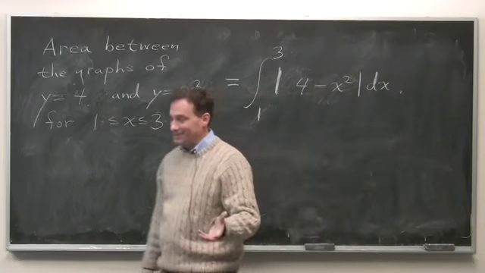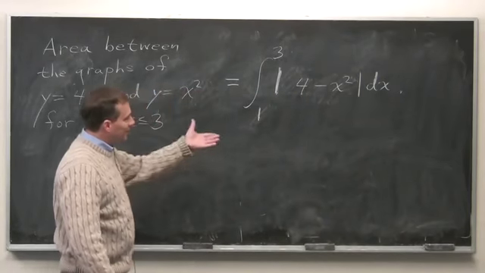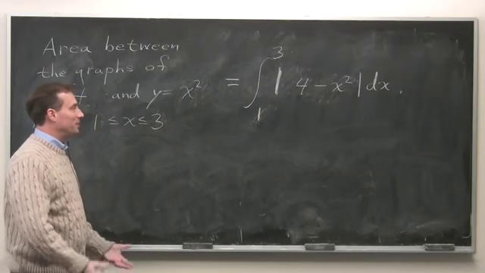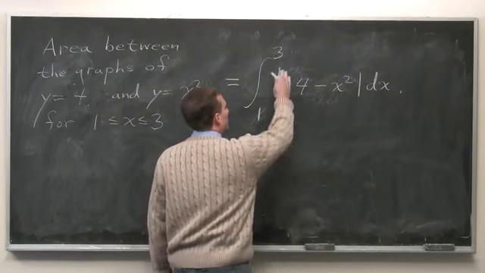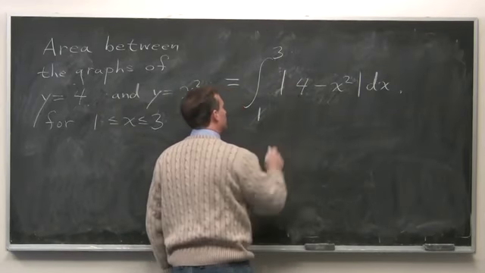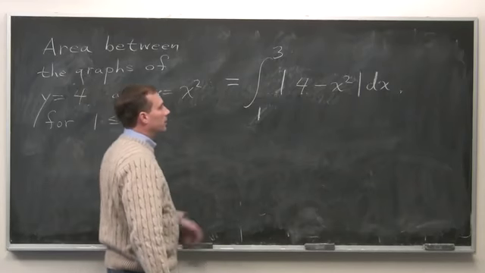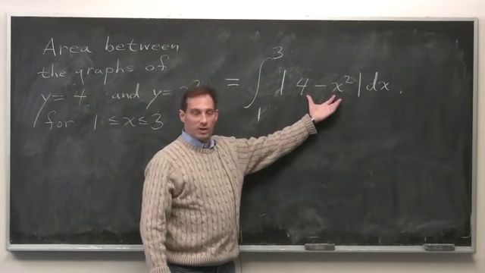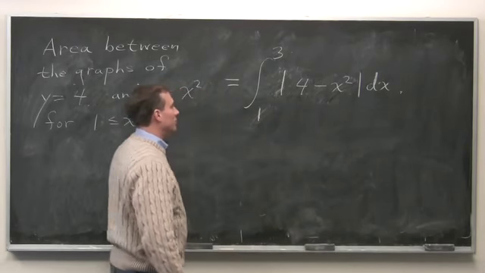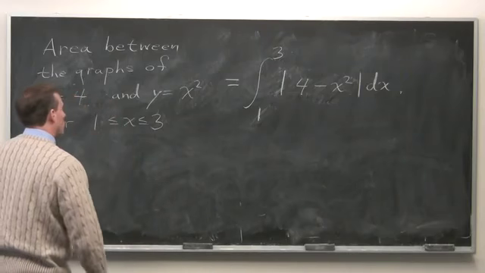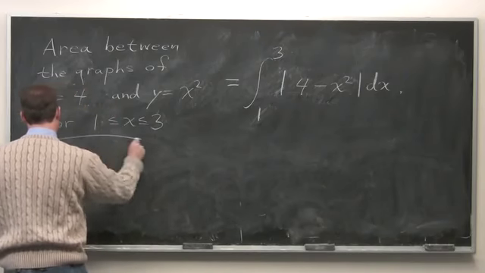Great. In a way, that's just a nice notation to write, but to calculate anything, you have to split this up. To evaluate this, we need to know where the quantity inside the absolute value signs is greater than or equal to 0 and when it's less than or equal to 0, so that we can deal with the absolute value signs. So what do we do?